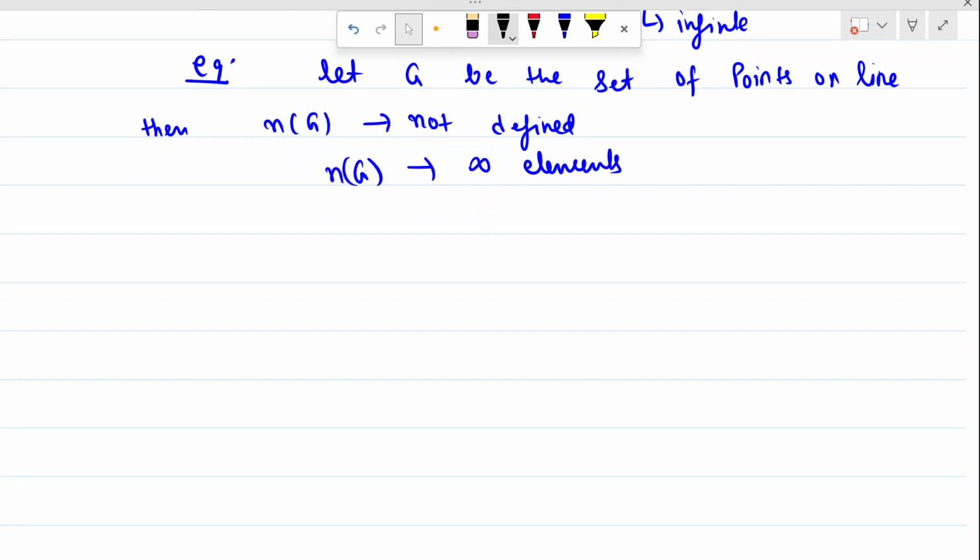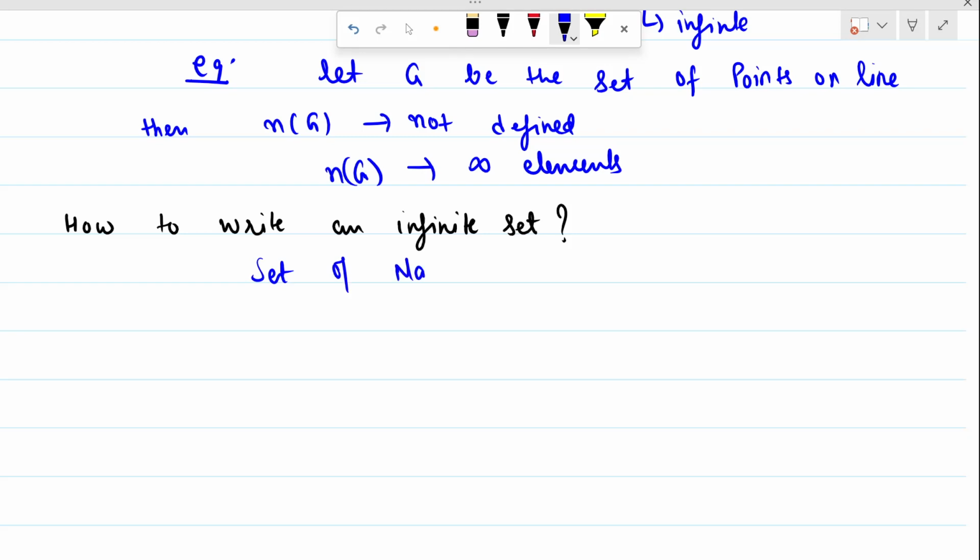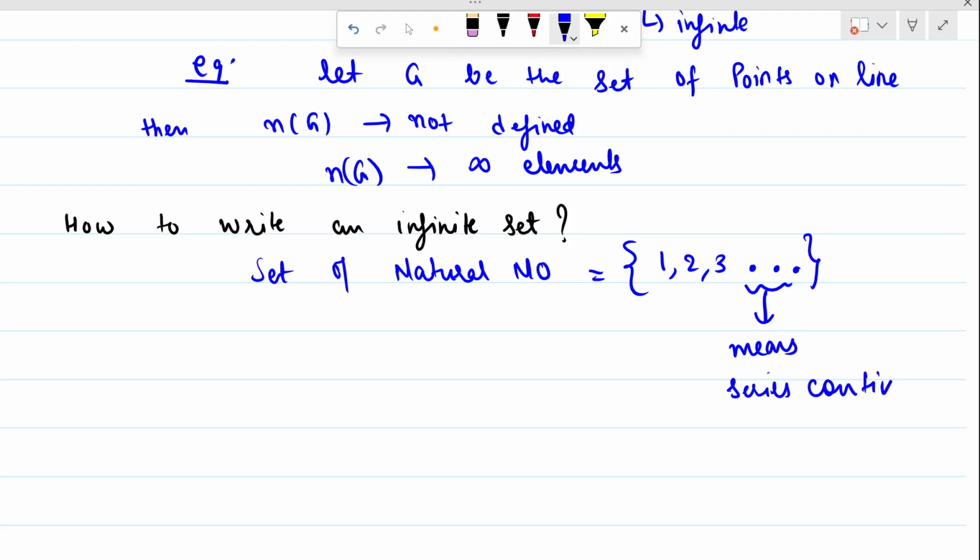So how to write an infinite set? Whenever we have an infinite set which is well defined, suppose we have the set of natural numbers, we write a few numbers first, 1, 2, 3, followed by three dots. These three dots represent that the series continues indefinitely.